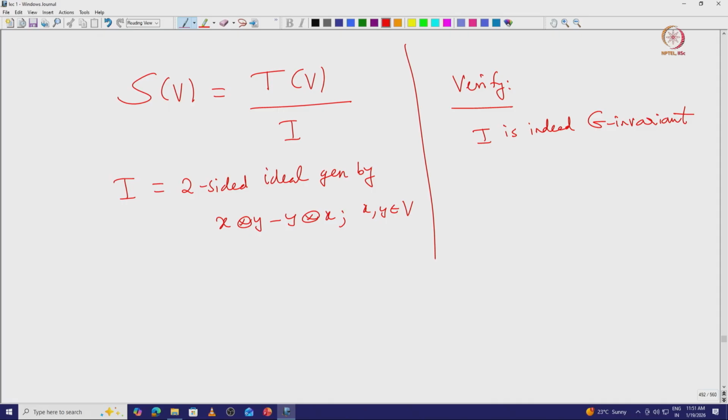So, why is I G invariant? One can easily check that it is enough to verify G invariance for the generators. The generators are nothing but x tensor y minus y tensor x.